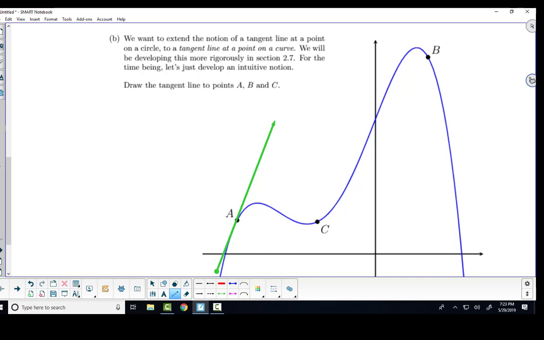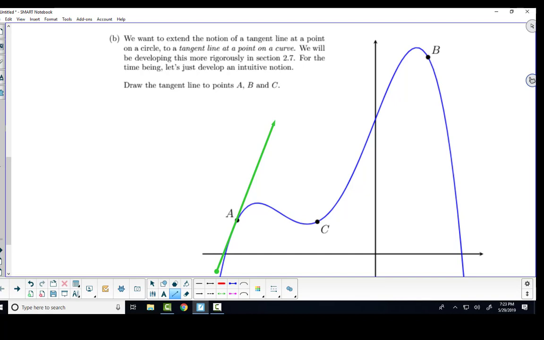Yours might not look exactly like that, but it should be pretty close. Meaning that at that point A, the curve should match the direction of that. If you put those little directional arrows on, they should be in agreement at that point.